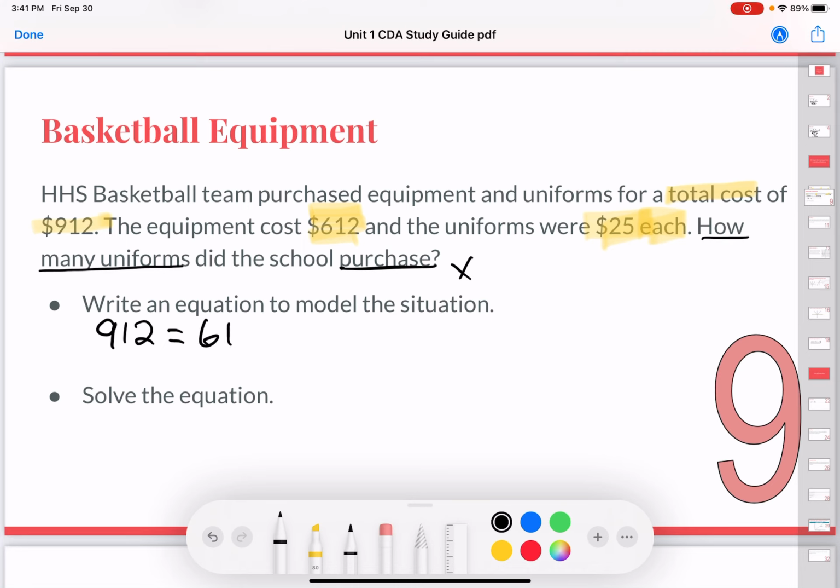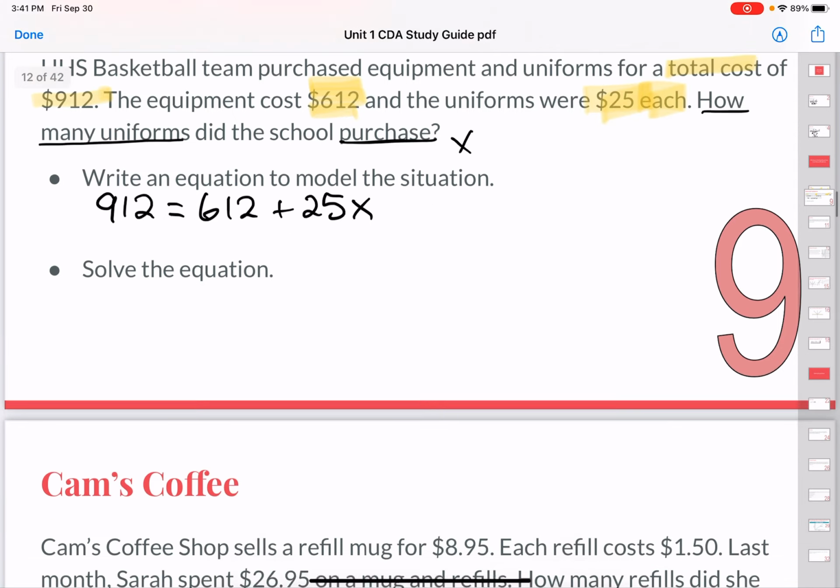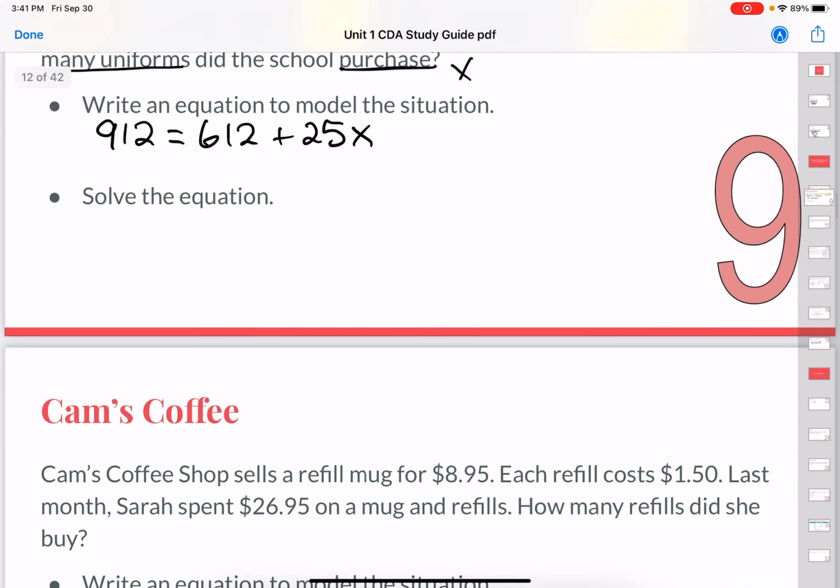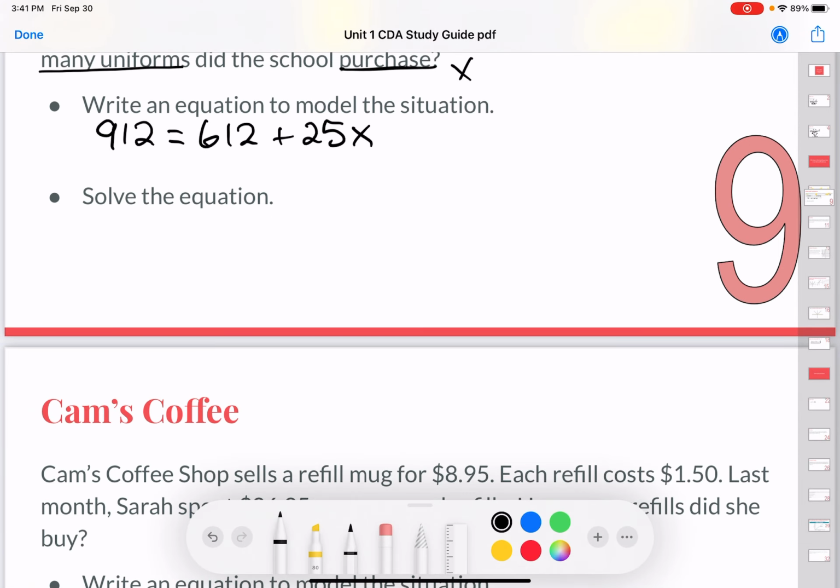I'm paying $612 one time, and I'm paying $25 X times, because that's how many uniforms are being purchased. And I want to find out what X is using this equation. And so 912 equals 612 plus 25x.